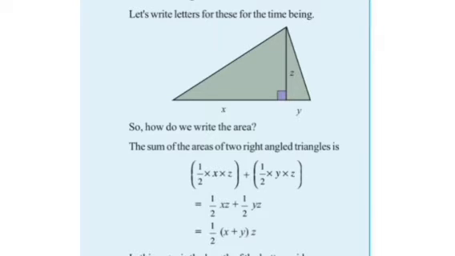If the perpendicular distance is z, then the sum of the areas of the two right-angled triangles gives half into x plus y into z. I have explained how to find the area of a triangle. For your convenience, I will explain it once again.